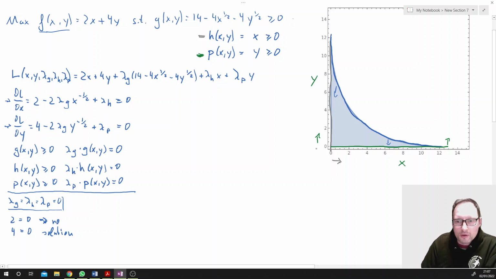So now we'll be looking in 3 different areas. Let me just separate this out. We're looking on the blue boundary, on the green boundary and on the gray boundary. So let's start looking at the blue boundary.